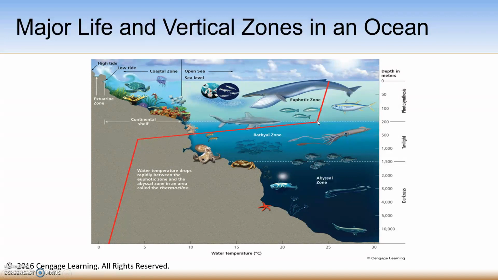And then the temperature increases more in the euphotic zone, up to about 28 degrees Celsius. So water temperature can drop rapidly from this euphotic zone down to the abyssal zone, and this intermediate area where the temperature does decline is called the thermocline. And it's right here on the slide if you want to know how to spell that.